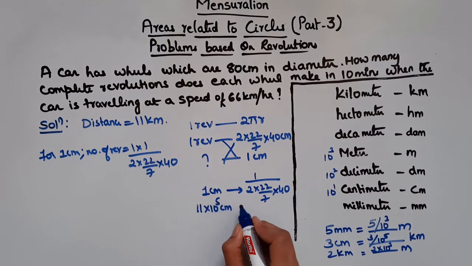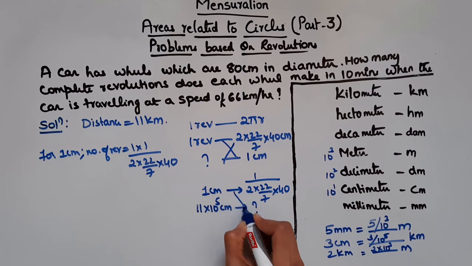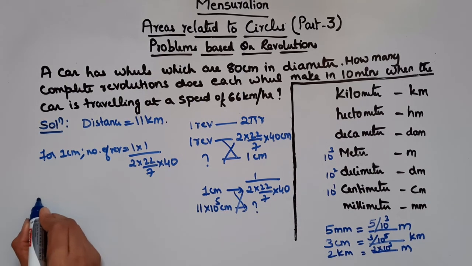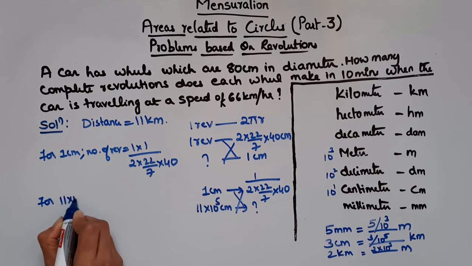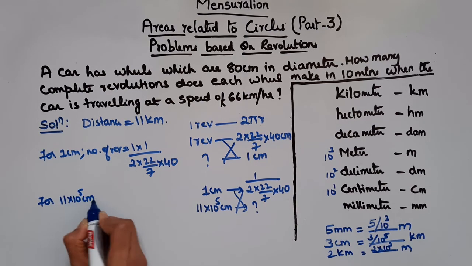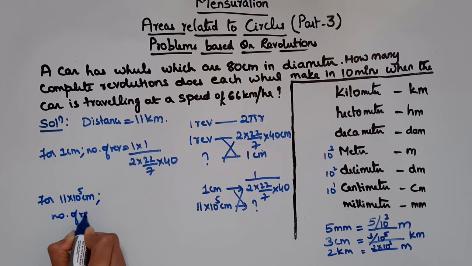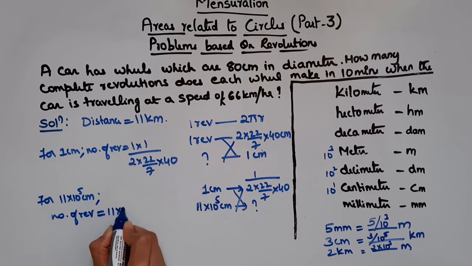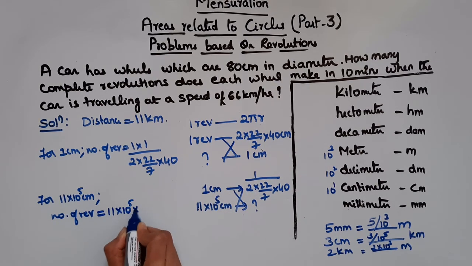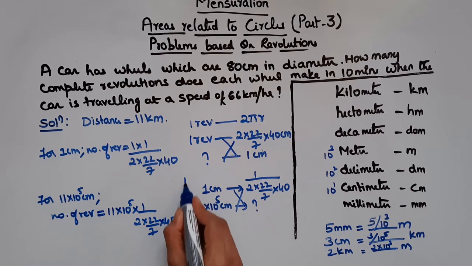For this distance, what is the number of revolutions? So again cross multiply. For 11 into 10 power 5 centimeters, number of revolutions is equal to 11 into 10 power 5 into 1 by 2 into 22 by 7 into 40, right?